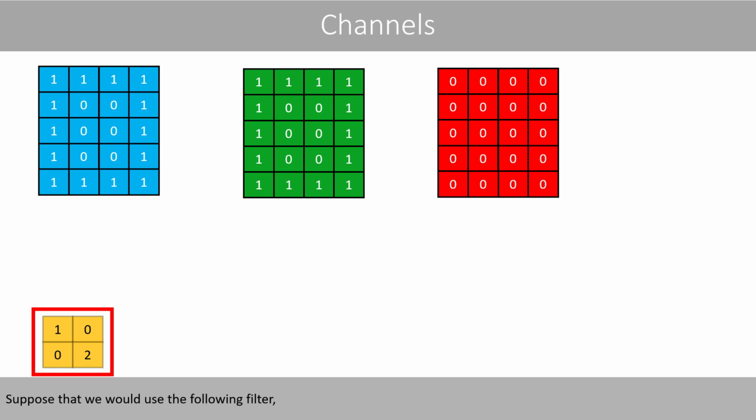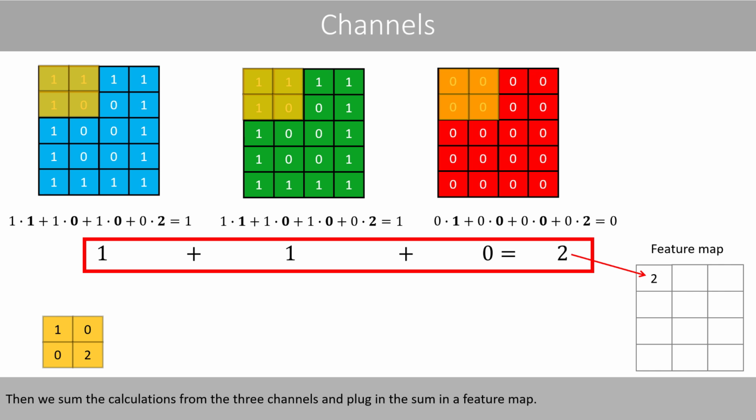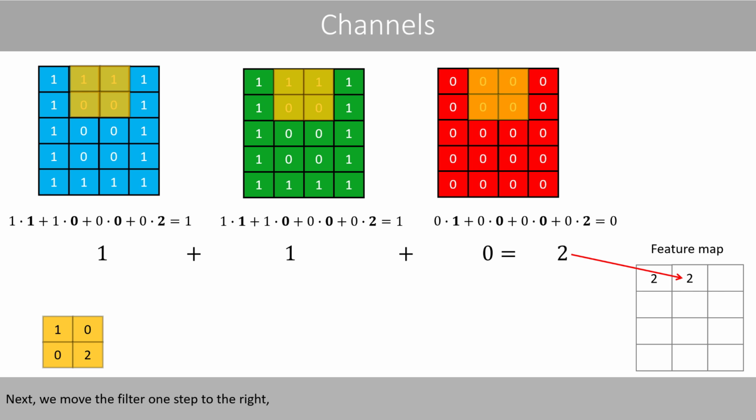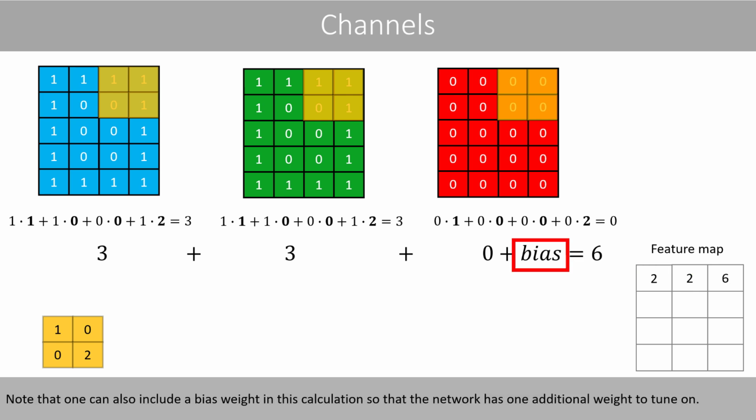Suppose that we would use the following filter, that we apply on all 3 channels and do the same calculations as we did before. Then we sum the calculations from the 3 channels and plug in the sum in the feature map. Next, we move the filter one step to the right, and so forth. Note that one can also include a bias weight in this calculation, so that the network has one additional way to tune on.